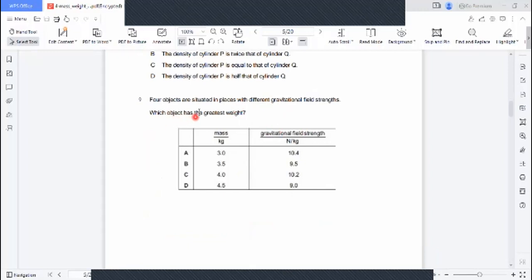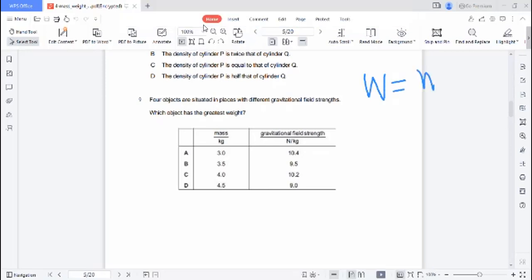Which object has the greatest weight? Okay, so we know that weight is actually mass times gravitational field strength. So mass is given, gravitational field strength is given. We can just multiply them.